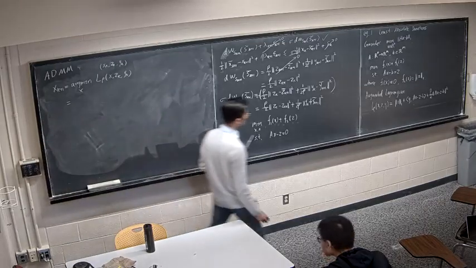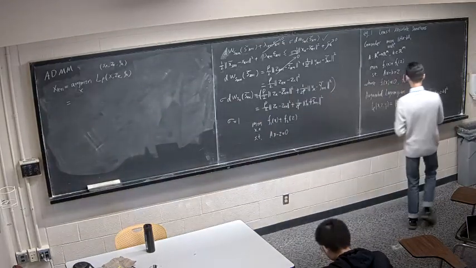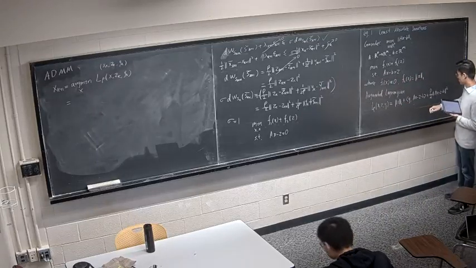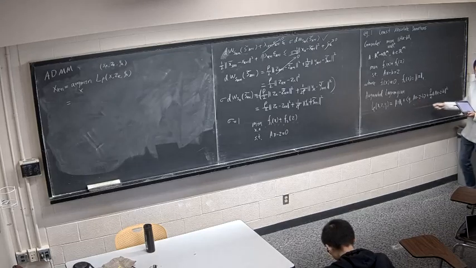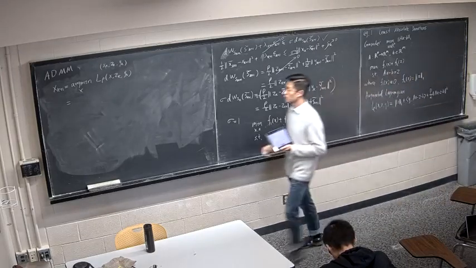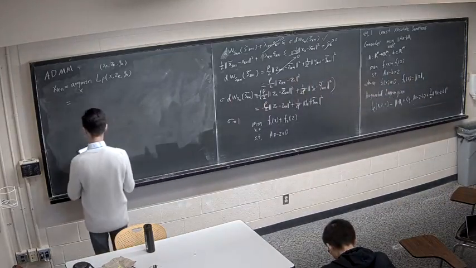So if z and y are fixed, this term goes away. And in terms of x, this is just a quadratic function. So for a quadratic function, we can solve for a closed form solution.